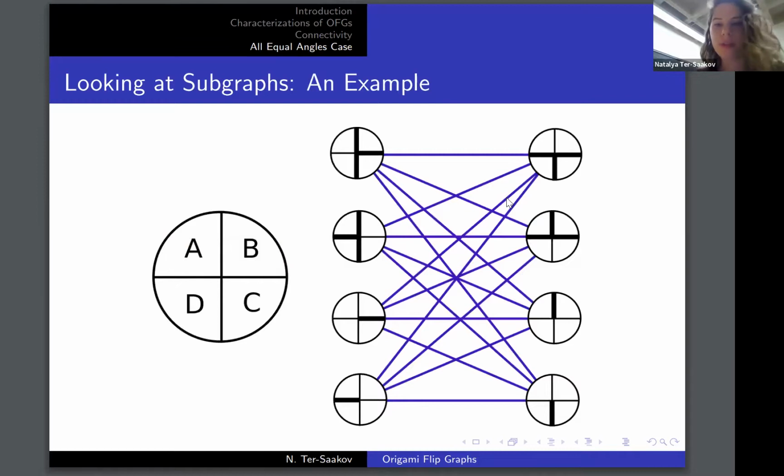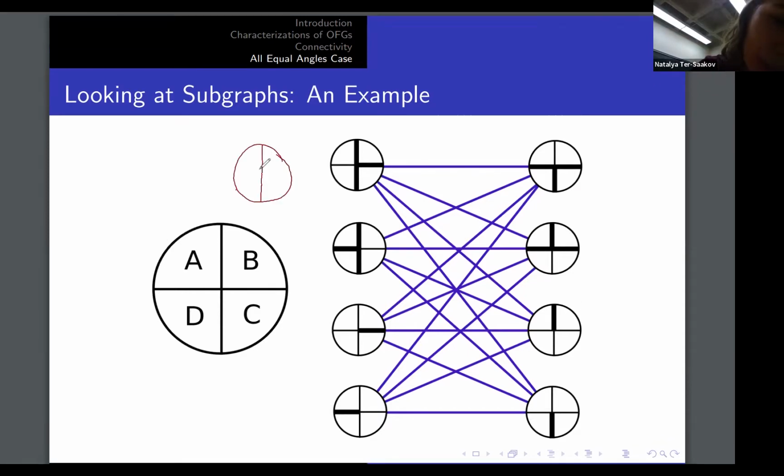If we look at this small all equal angles degree 4 case, and then look at the crease pattern that looks like this, it's called a bird's foot.